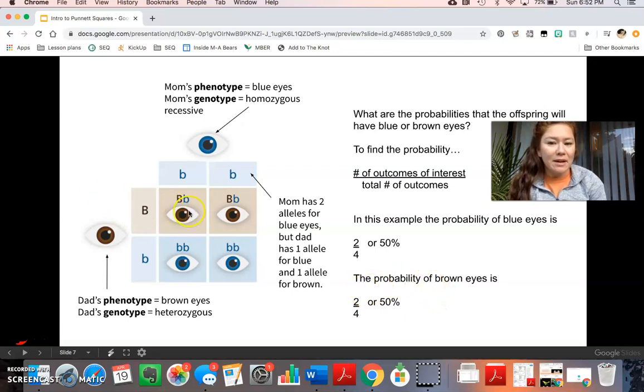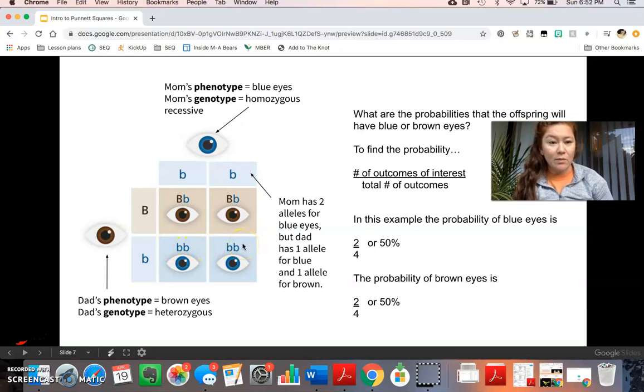And it doesn't matter that these brown-eyed offspring are heterozygous because we're only asking about the phenotype. This question is only asking will they have brown or blue. They're not asking what kinds of genotypes. That would be a different question. If they were asking what's the percentage of genotypes for blue eyes, this would still be the same because the genotype is lowercase b.